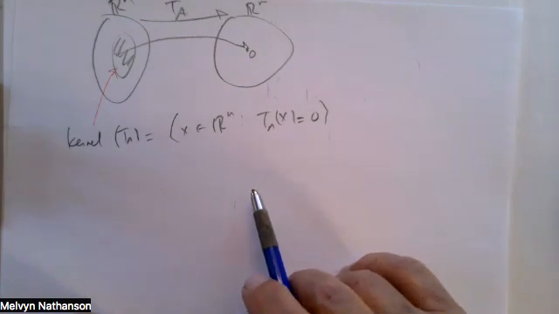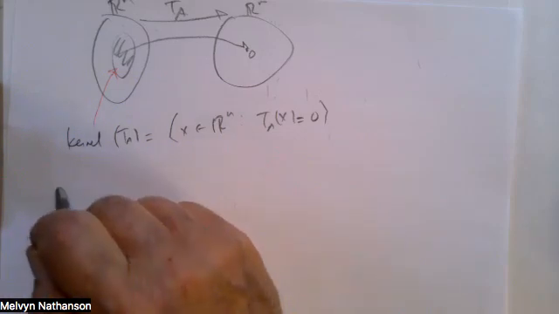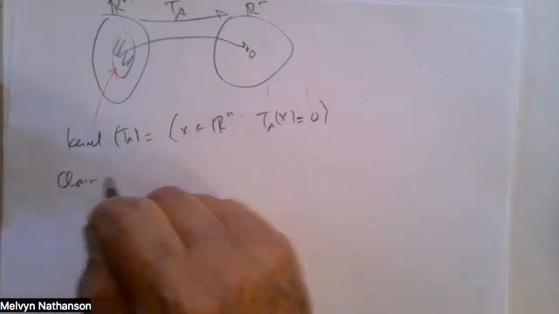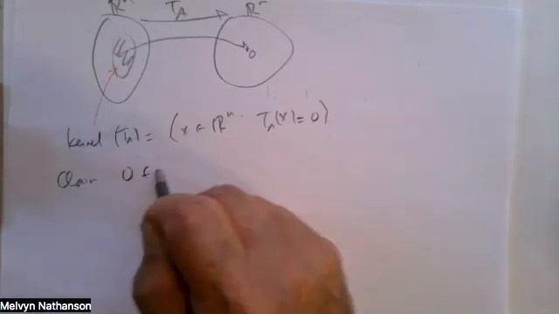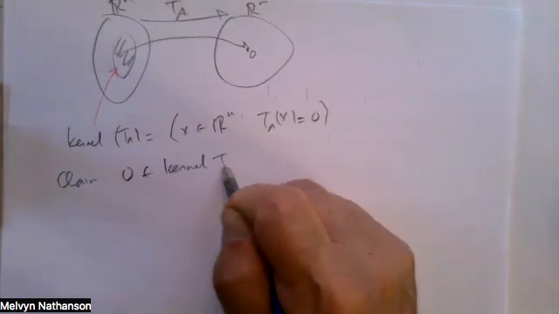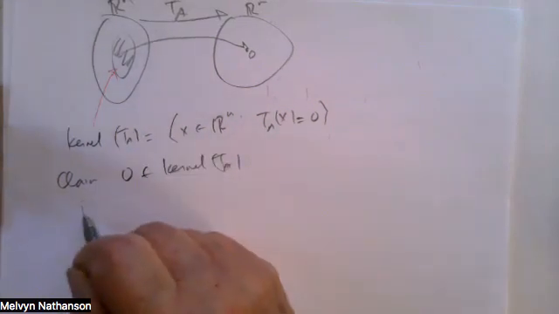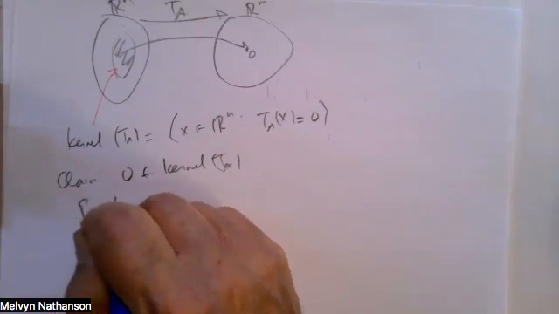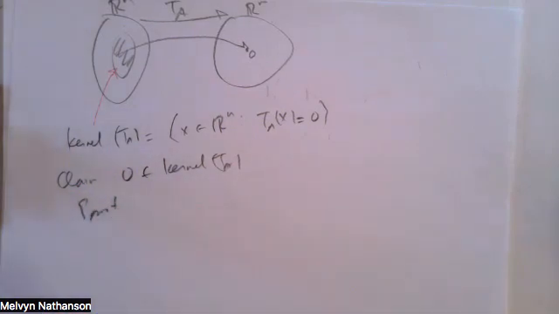And one vector that is always in the kernel is the 0 vector. So that's sort of a claim. The 0 vector in Rn is in the kernel of T sub A. And the proof is as follows.